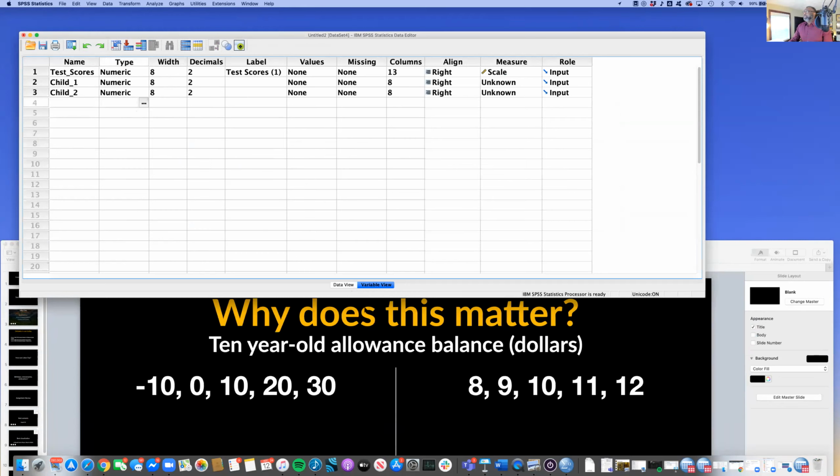Then we'll go back to data view. Everybody catch that? All right, so we're in variable view, in our name column. We're going to put child underscore 1, and child underscore 2.